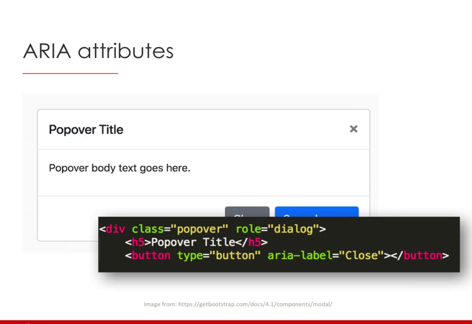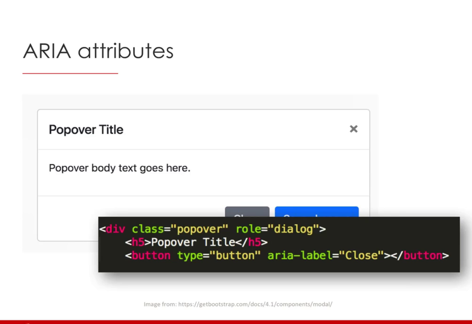So we've added an ARIA label equals close, which the screen reader will read instead as a button labeled close, which allows the user to understand what controls are available to them. Additionally, the HTML shown here is also describing our popover as role equals dialog to help communicate to the screen reader that this element is sitting on top of the page.